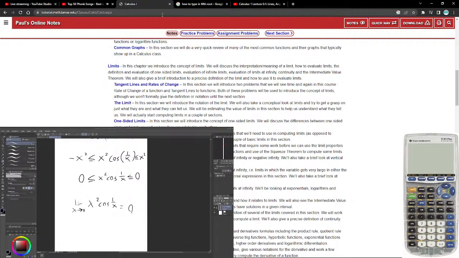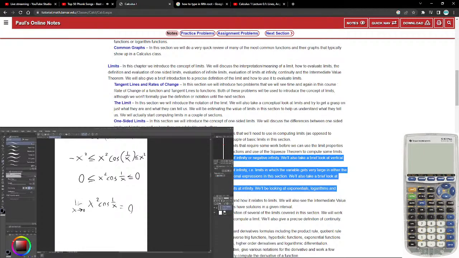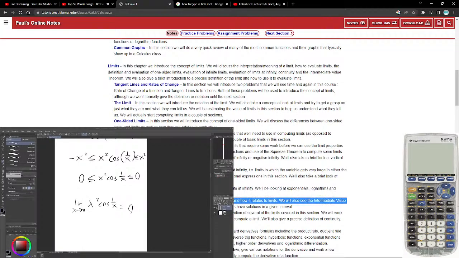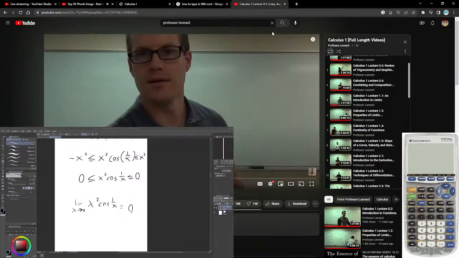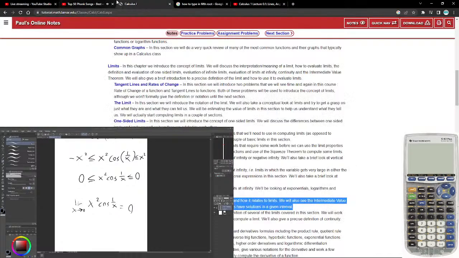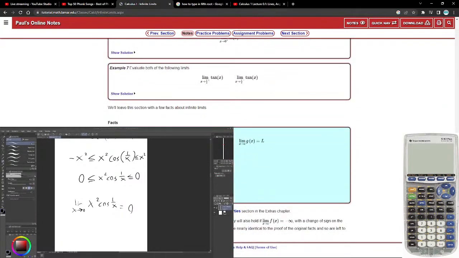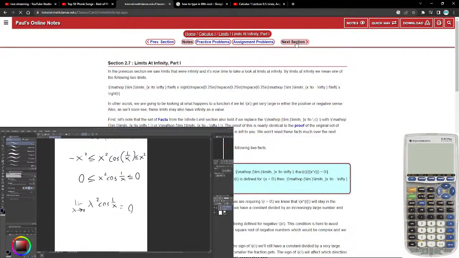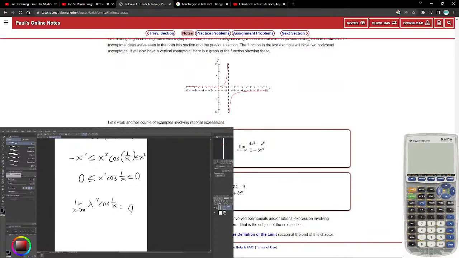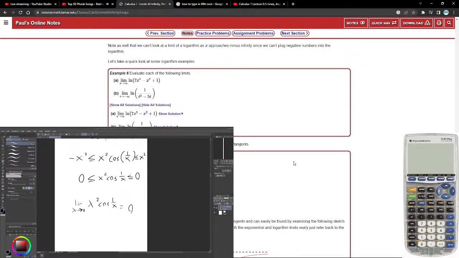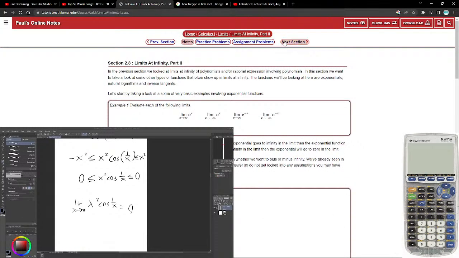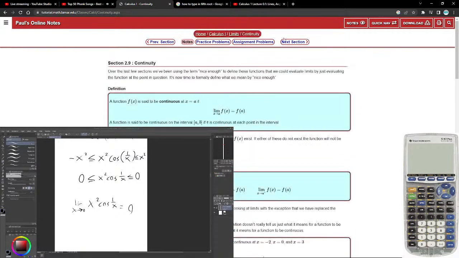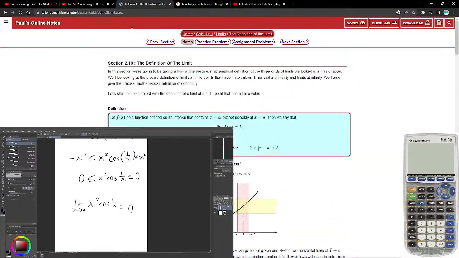Oh wait, vertical asymptotes, okay. So I'll do these 3 next. Then watch the next video, continuity. How long are these ones? 7 examples, really? Okay. That's it for the day.